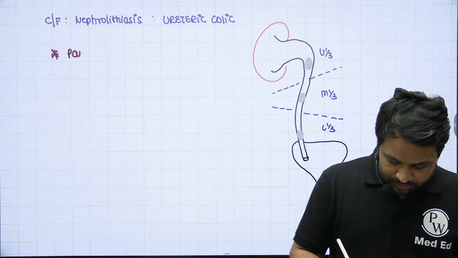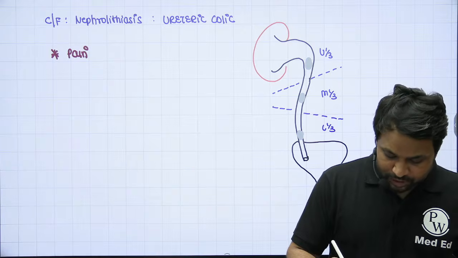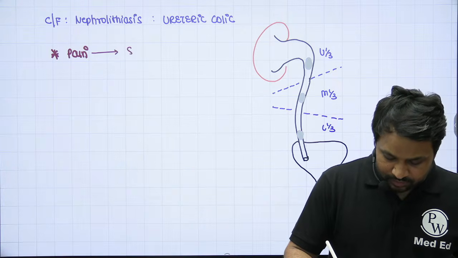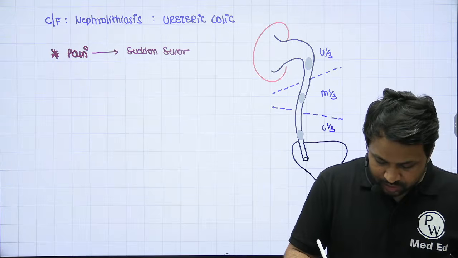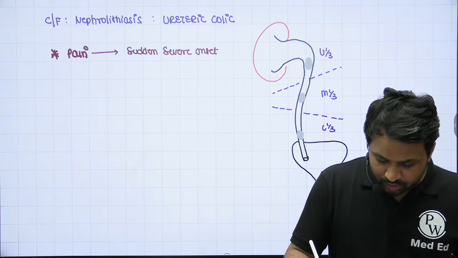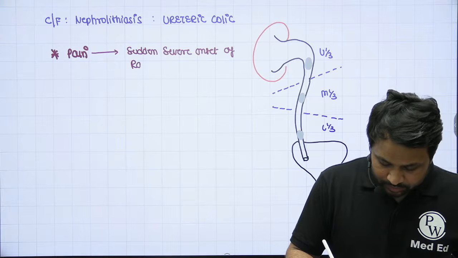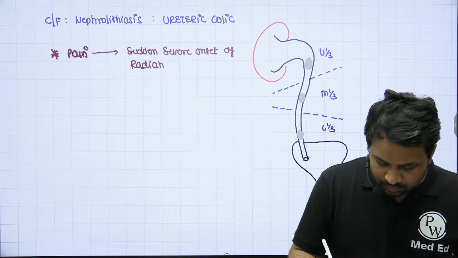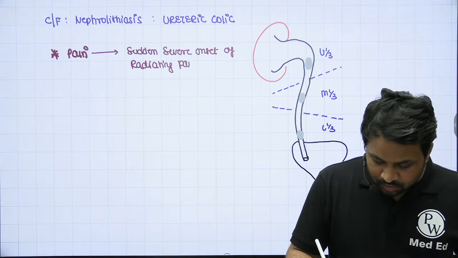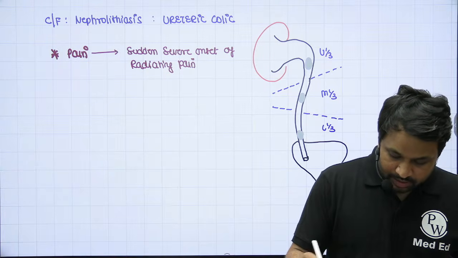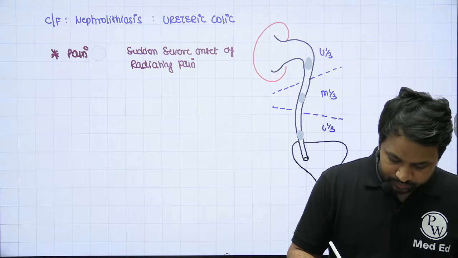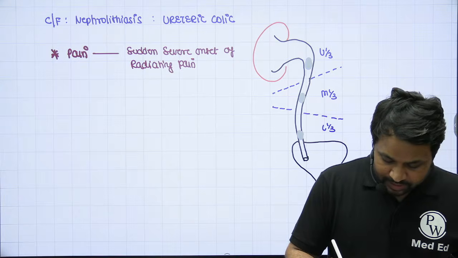Now the question is, where is this pain? The patient will have a sudden severe onset of radiating pain. The question is, where does the pain radiate to?